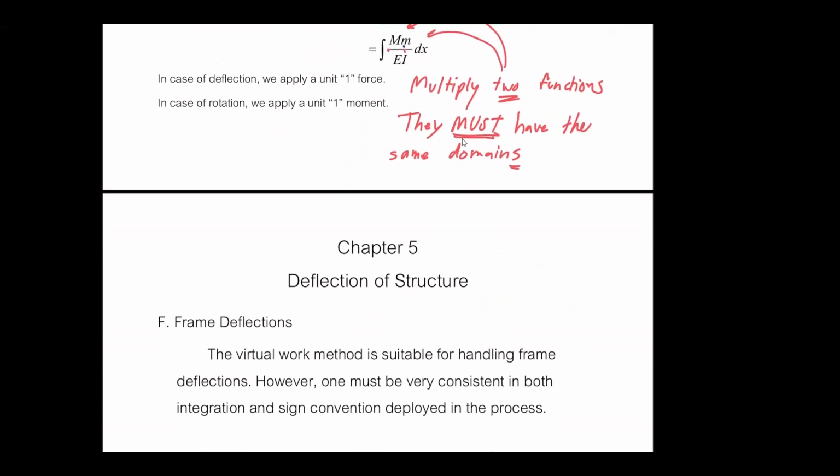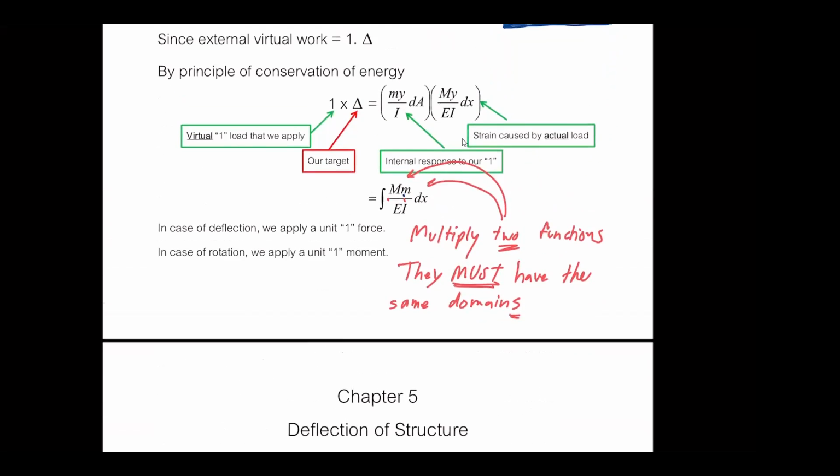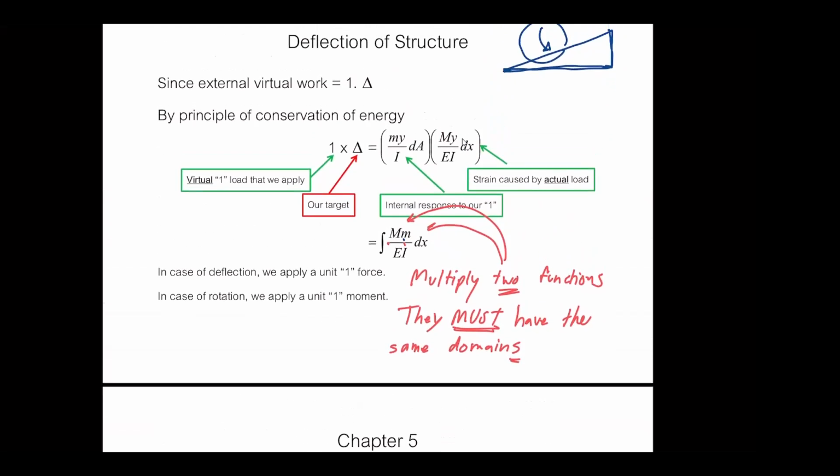The truss is easier because it's discrete. So you just perform basic arithmetic. But for the beams and the frames, of course, things get slightly more complicated because of the internal work.